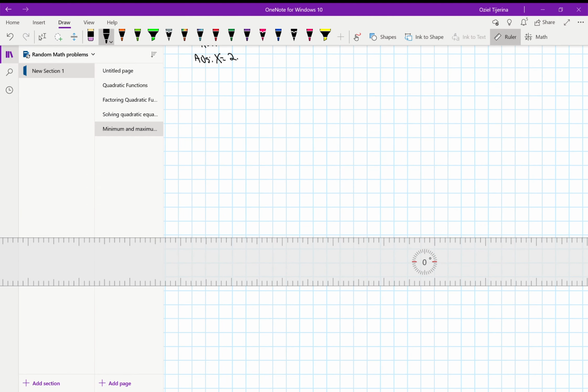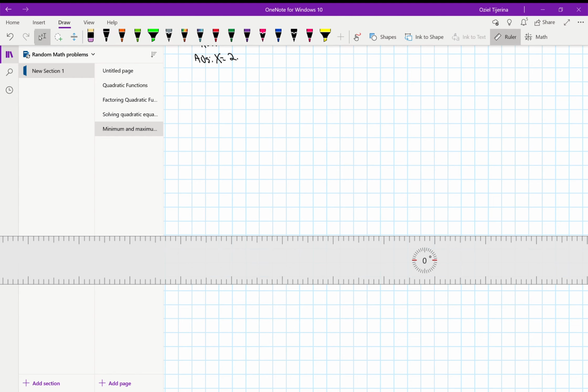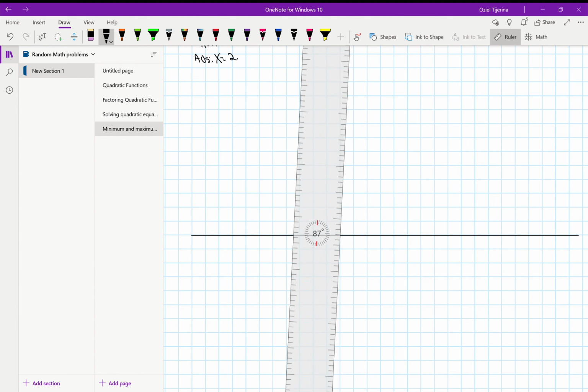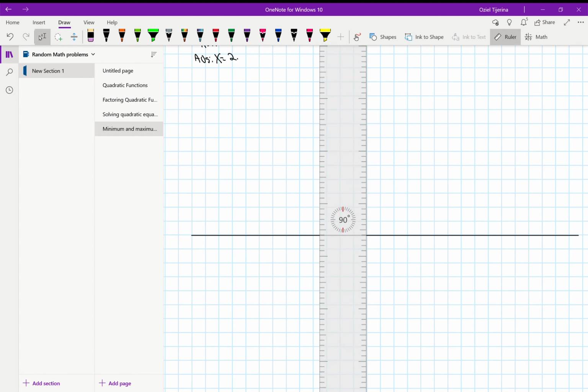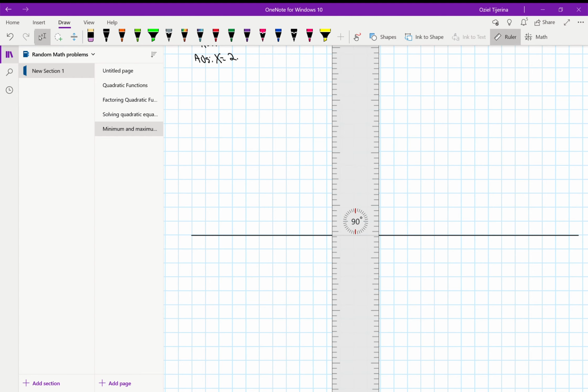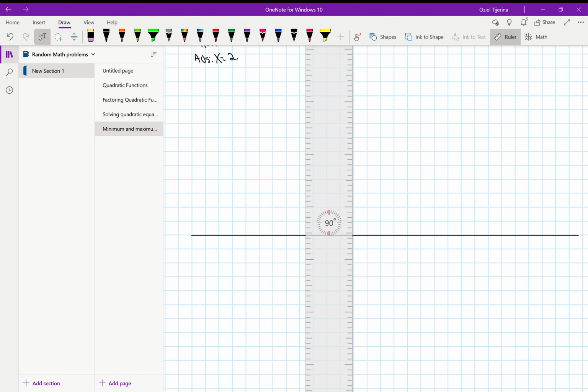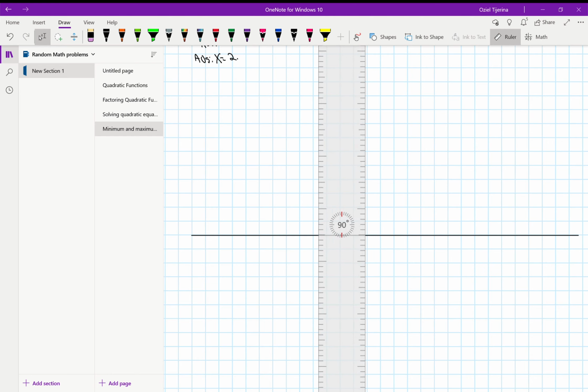I'll just try to make as big of a graph as I can. Like I said, you can skip over this part because drawing graphs takes me a while.